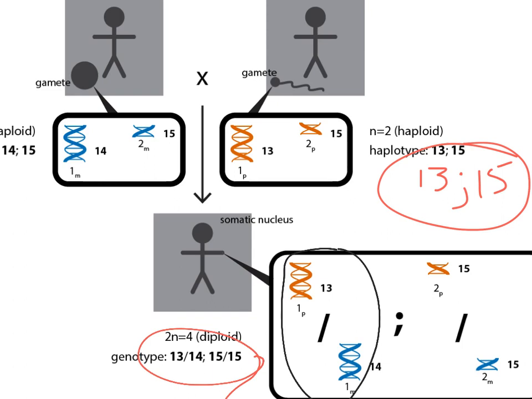So haplotypes, genotypes. Genotypes talk about the composition of, in humans anyway, diploids, the composition of the same gene of two different alleles separated by a slash. When we talk about different chromosomes, we use the semicolon to separate them.